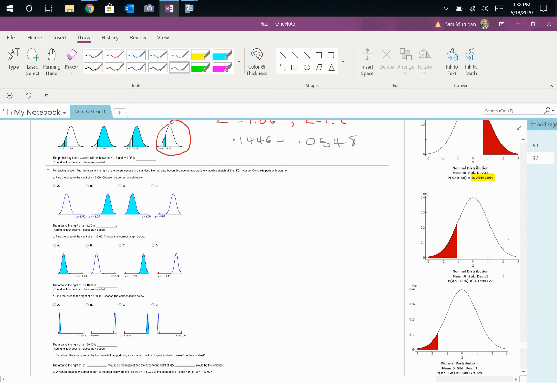At this point you would use a calculator to subtract the two areas. 0.1446 minus 0.0548, which is 0.098898.